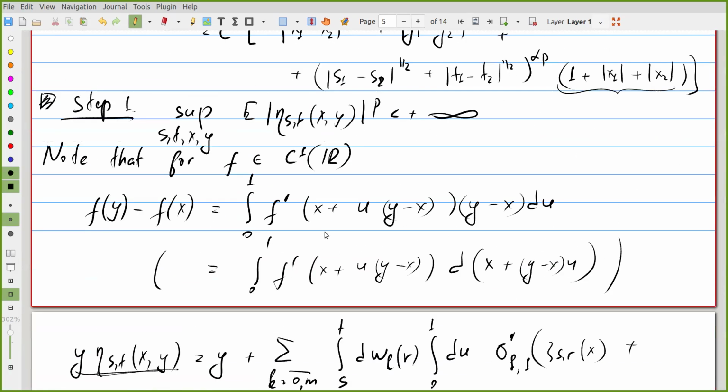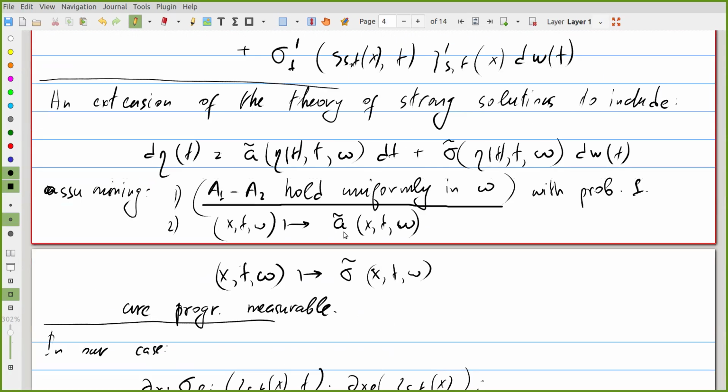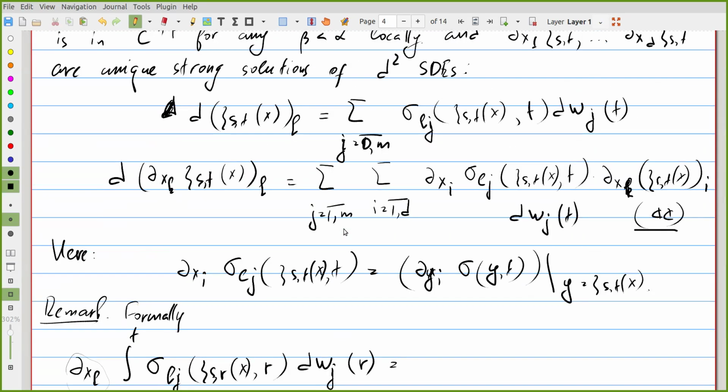Oh, by the way, I forgot to put here the initial condition. The initial condition, d_{x_k} psi_{s,t}(x)_l when s = t is obviously just the indicator that k equals l.